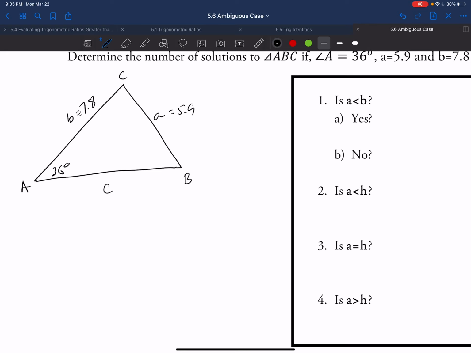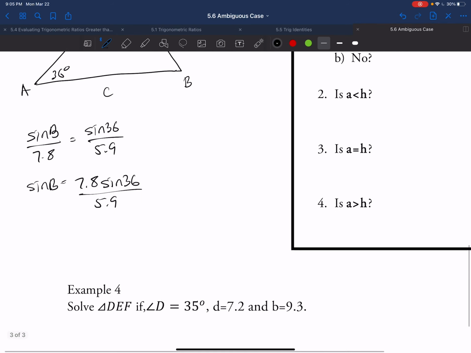The only thing I can do is find side or angle B. So let's find angle B. I don't have my calculator, so.